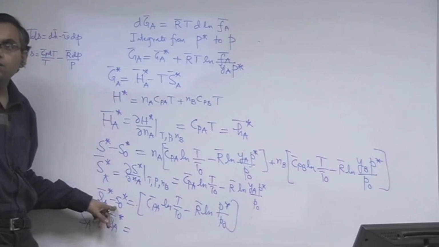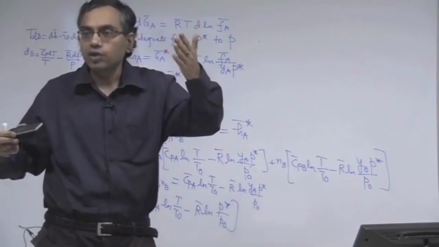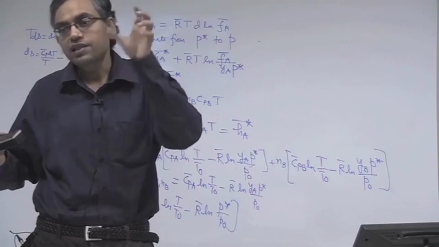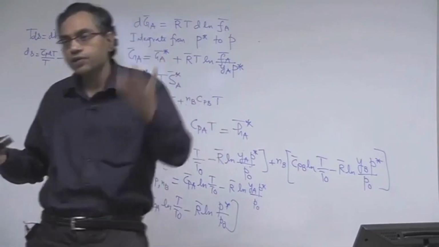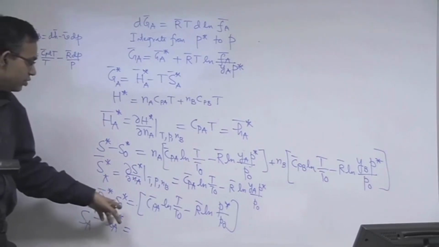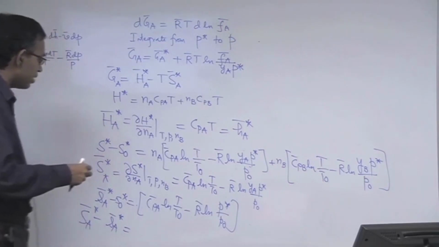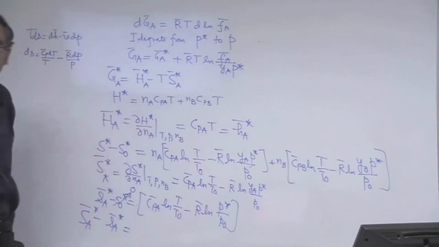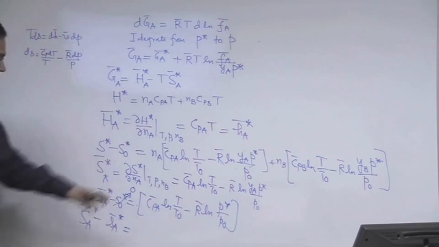For calculating entropies, basically you require a reference state with respect to which you calculate the entropy, because the second law based expressions talk about the change in entropy, not the absolute value of entropy. For the absolute value of entropy, you have to refer to the third law of thermodynamics. The reference states being the same, you can choose this reference state in such a way that it is 0 at absolute 0.